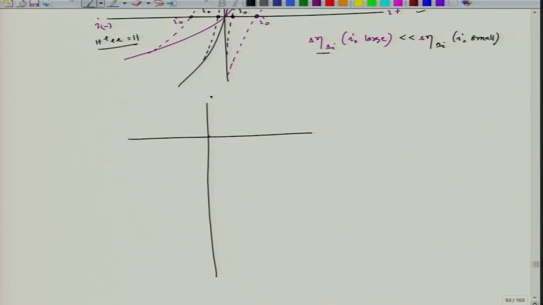Let us say this is overvoltage, and I can also term it in the form of potential.